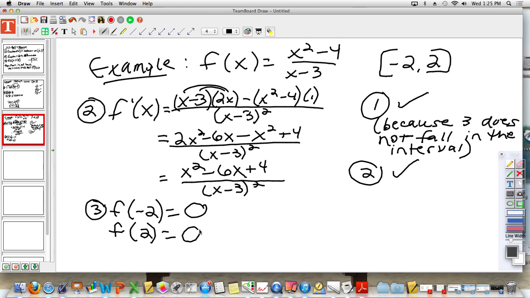That means f of a equals f of b. So Rolle's theorem applies. So all we need to do now is figure out what is the value of x that will make the derivative equal to 0. So I'm going to start on this, and I need someone to read this to me because I'm not going to have this in front of me.